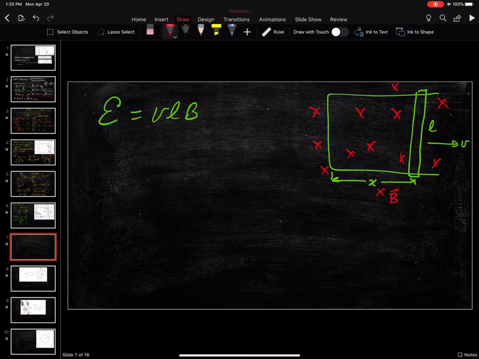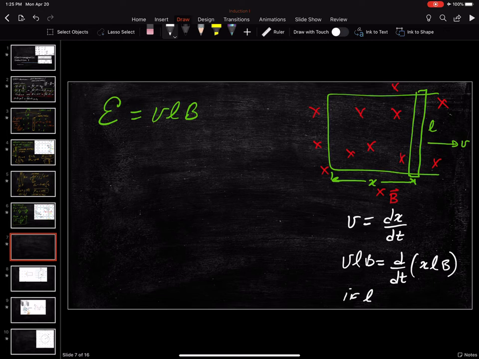Now, you can see, I think, that V should be dx dt. The velocity is just how fast you're changing your position. And if L and B are constant, then V L B I can write as d dt of x times L times B. This is if L and B are constant.